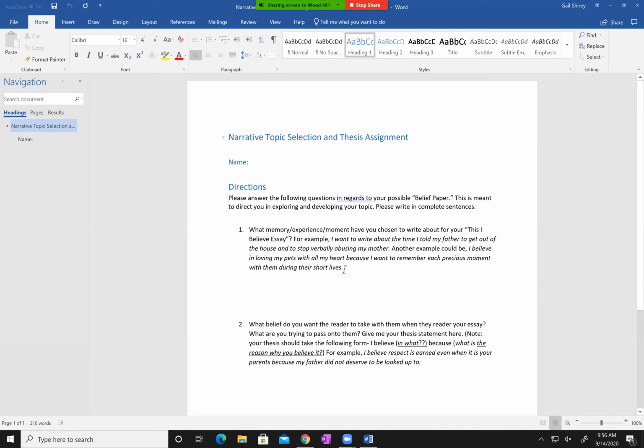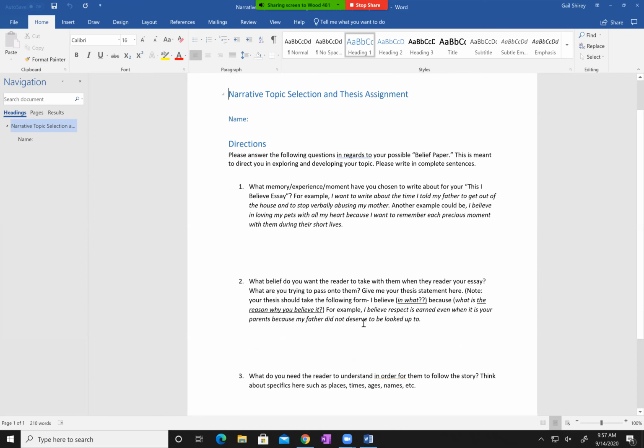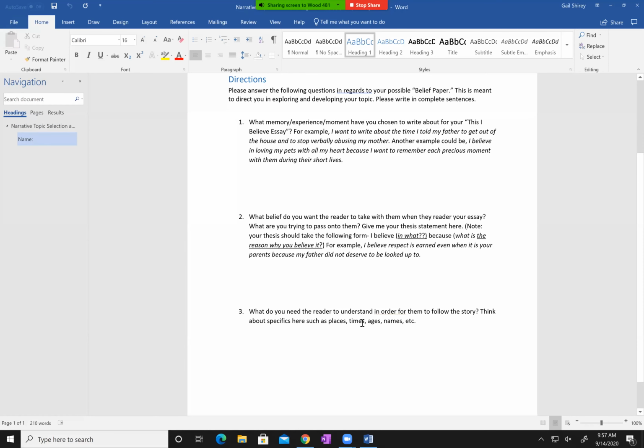Why do I give you examples? Because you've got to give enough about that experience that you've chosen. You can't just say dog bite. You have to give me a little bit more. Writing complete sentences, 1 or 2 sentences should cover it. And then, of course, you do the same thing here, writing in complete sentences. And then here, writing in complete sentences. So number 3 is kind of important, is what are you going to need the reader to understand in order for them to follow your story?